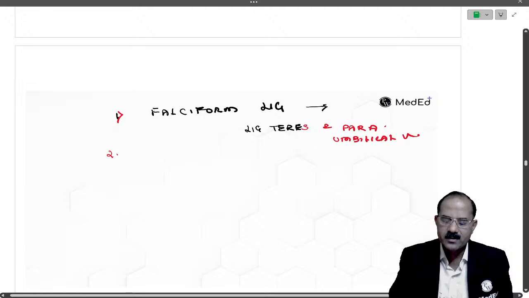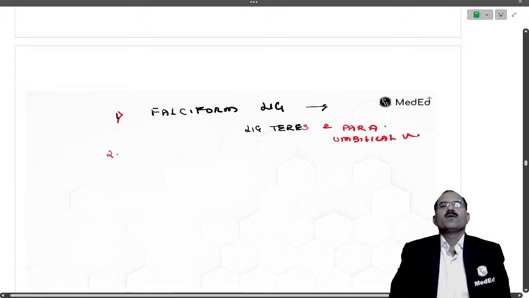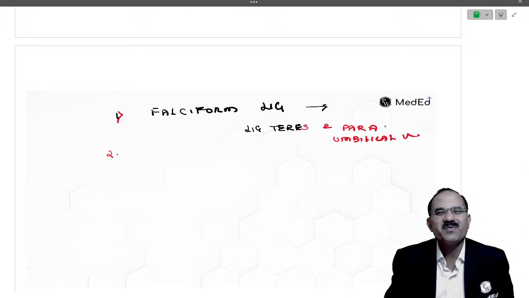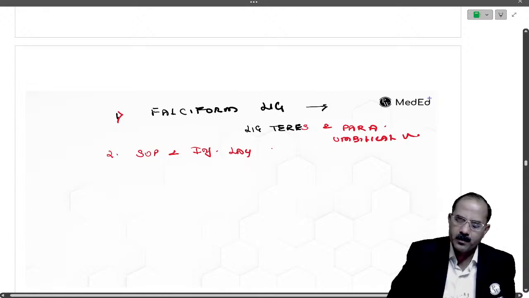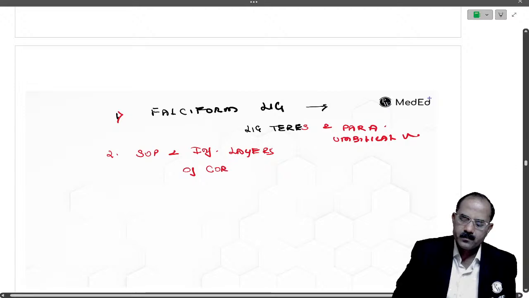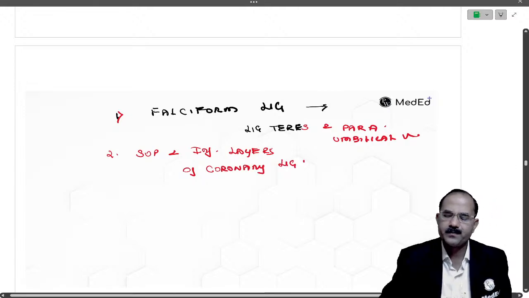Falciform ligament. Second, what are the ligaments of liver we are talking about? Second is the superior and inferior layers of the coronary ligament. What else?